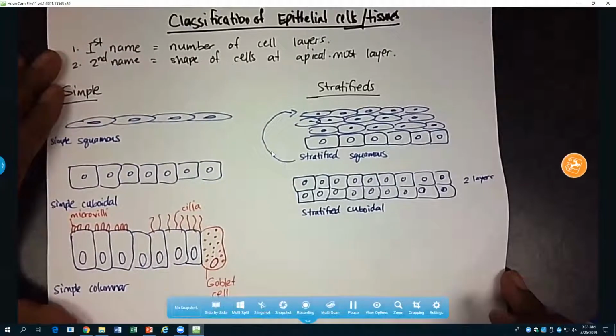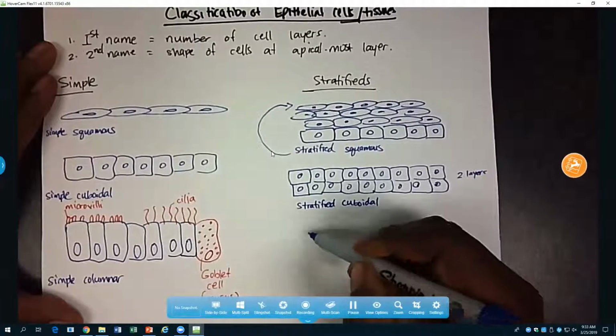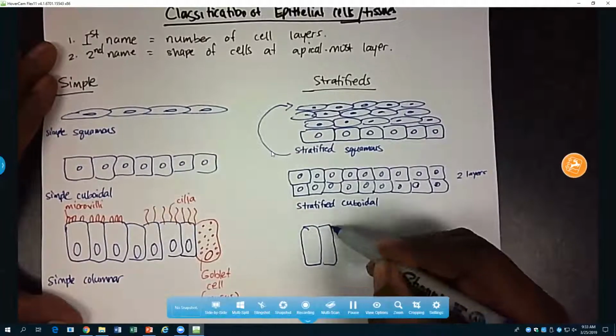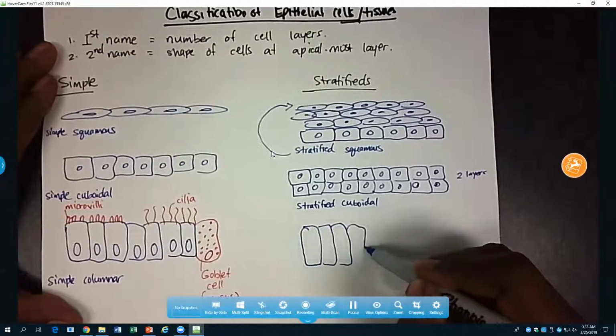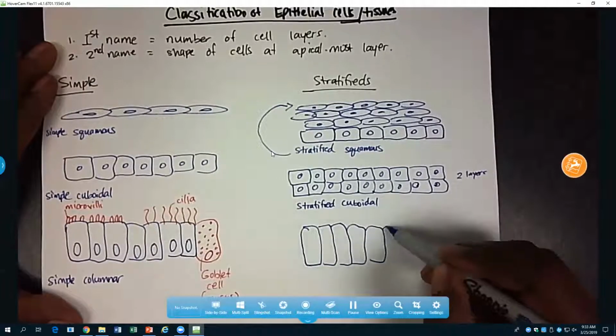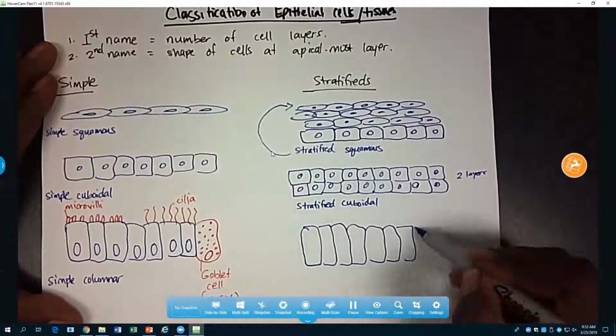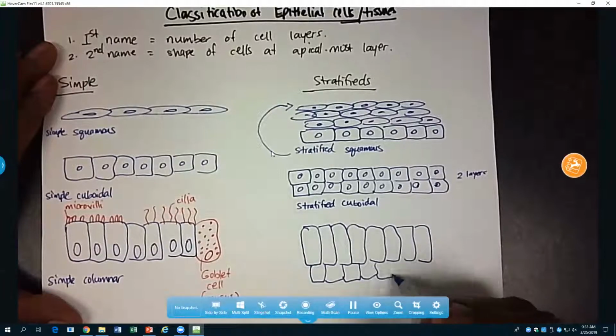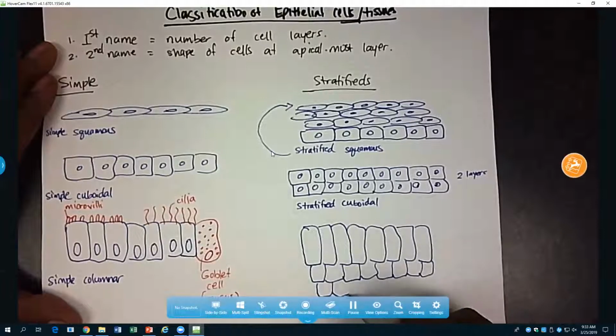And then the last layer of stratified tissue is stratified columnar. And stratified columnar is, again, another layer of columnar cells, but underneath these columnar cells, there are actually cuboidal cells here. So there's more than one cell layer, but the apical most layer is columnar.